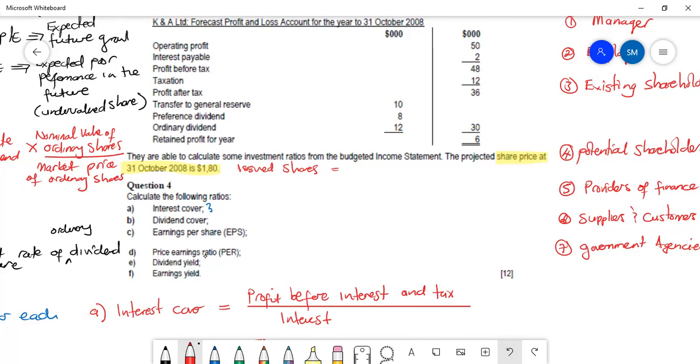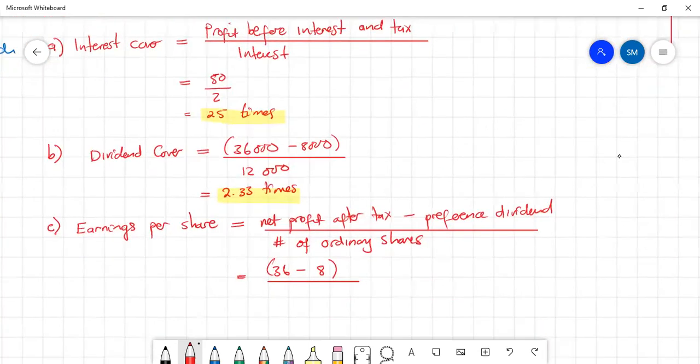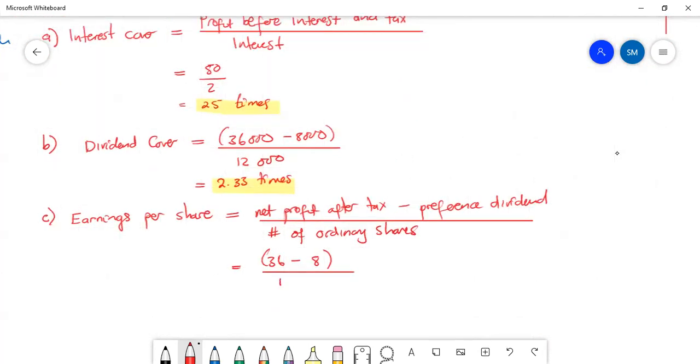It's not in dollars, it's 120,000. So we can divide by 120,000. If you say 36 minus 8, we get 28. 28 divided by 120, and we get 0.23.